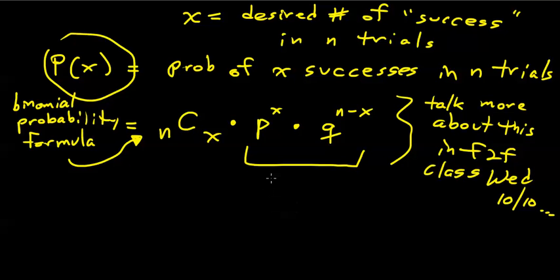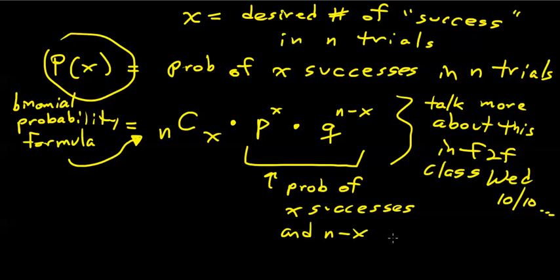Just let me briefly state that this is the probability of x successes and n minus x failures in a particular order.